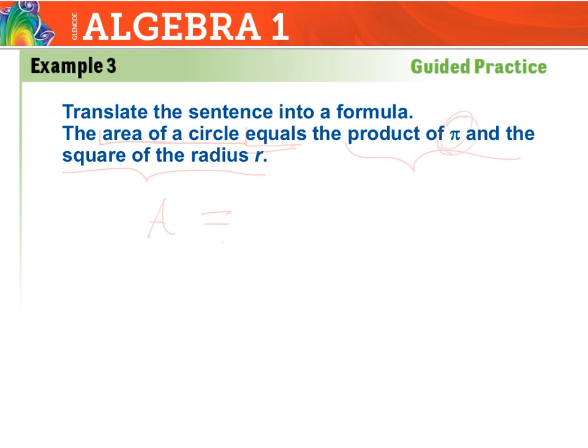Pi and the square of the radius r, meaning we need to square the radius and then multiply that by pi. So we've got two things, pi and the radius squared, and we're just going to multiply them. And I know sometimes we have the multiplication dot in there, but we really don't need it, right? And I know we're all familiar with just area equals pi times the radius squared.